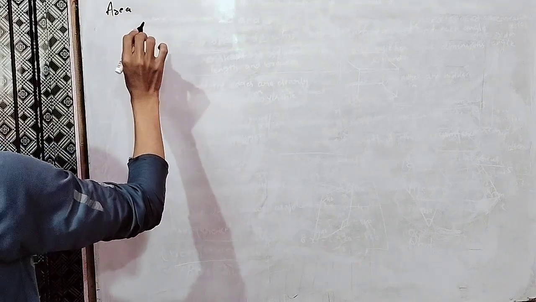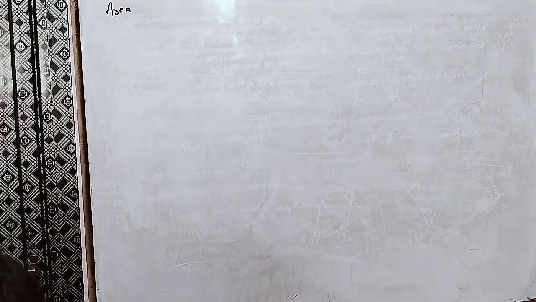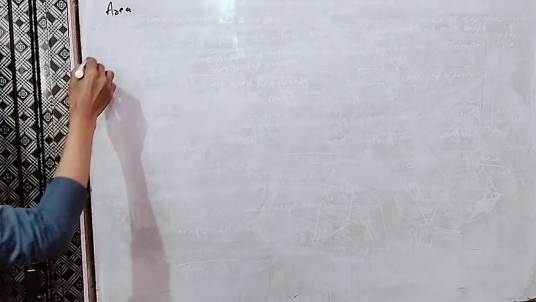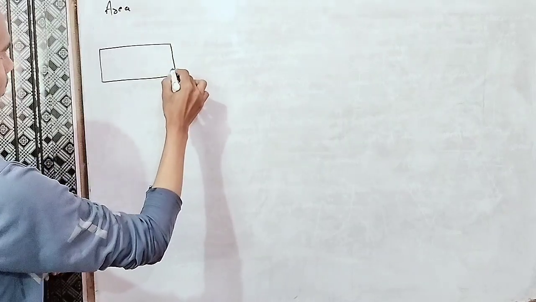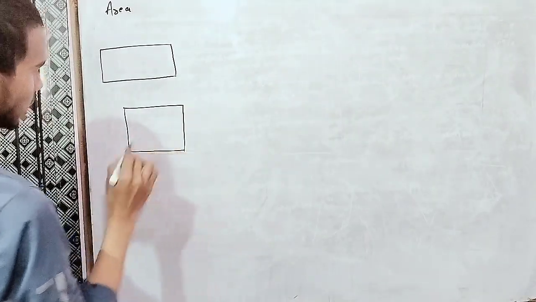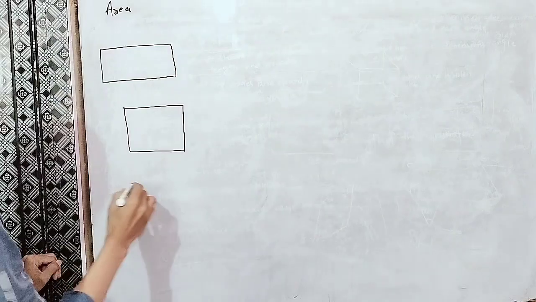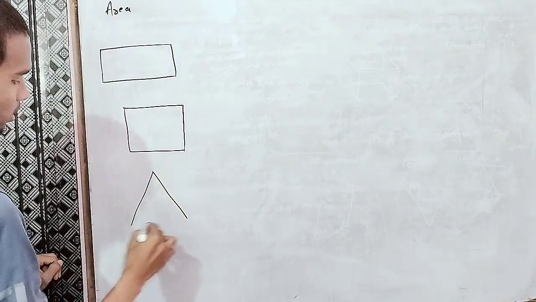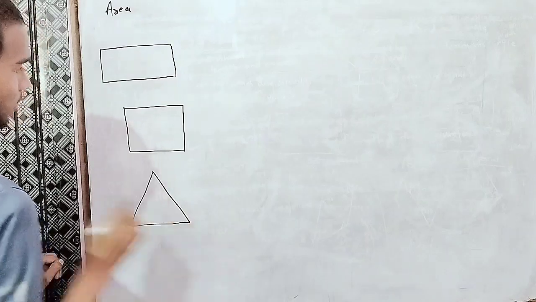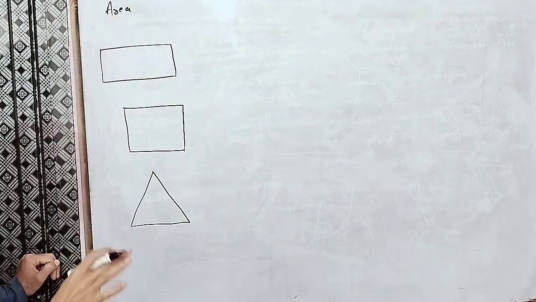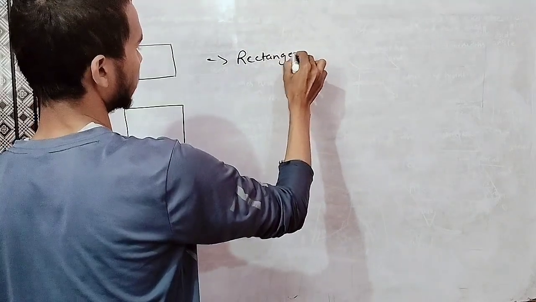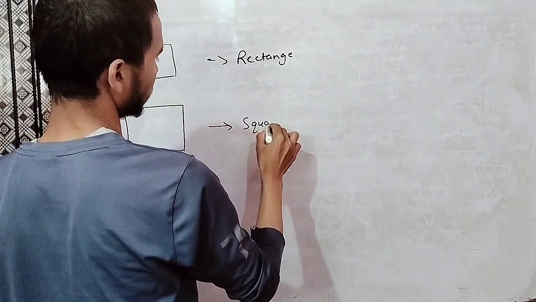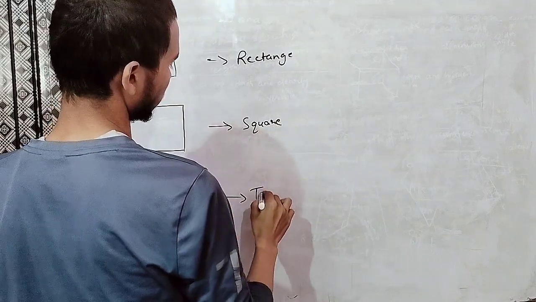I have diagrams. Let me draw. First is a rectangle. Second is a square. Now third is a triangle.